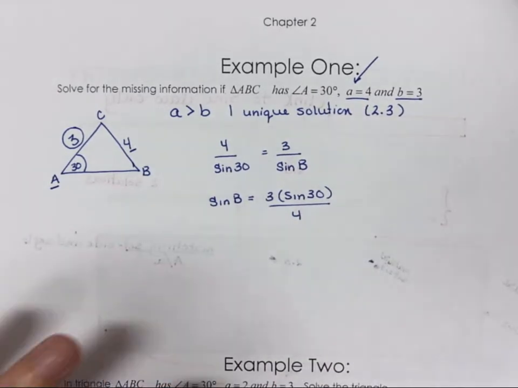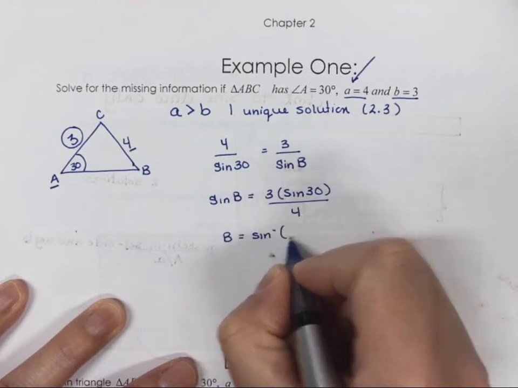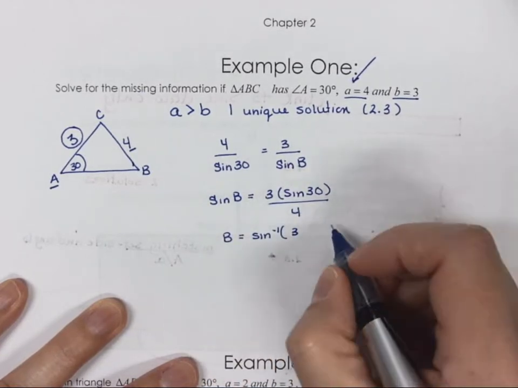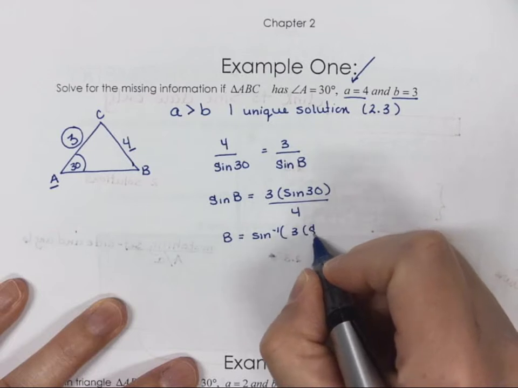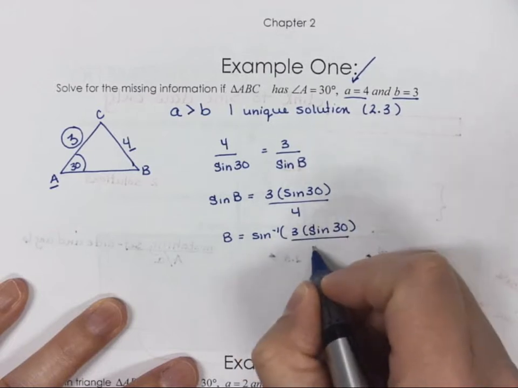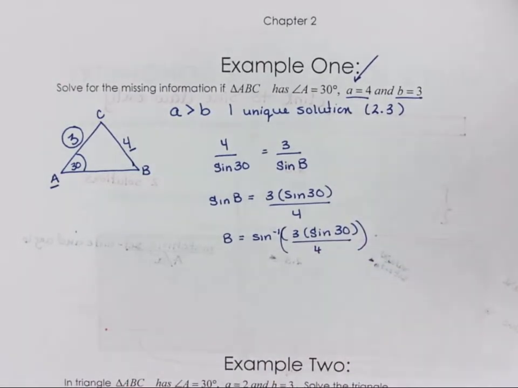Okay, so the next step to this is sine negative 1. Wait, what? Wait. What am I waiting for? This is Friday's lesson. Was it Friday's lesson? Yeah, it was. Okay, wait.